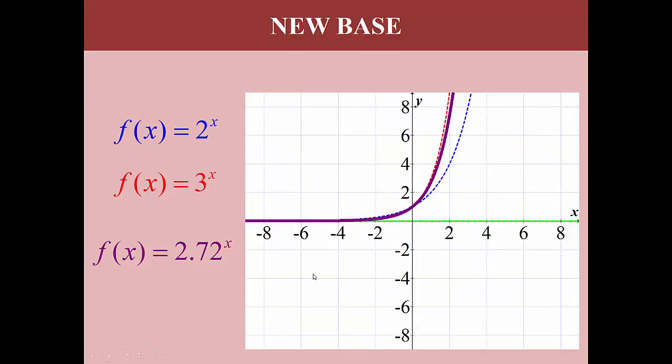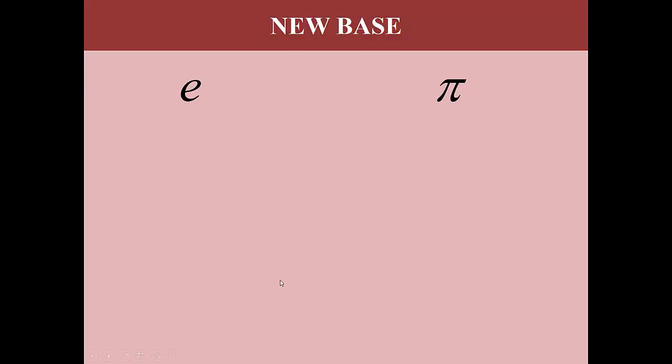Now this number is so common in math that it has its own special name and symbol. The 2.72, or more appropriately 2.71828, etc., is a special number called the natural base, and we call it by the lowercase letter e. And so we will see graphs that involve the e.